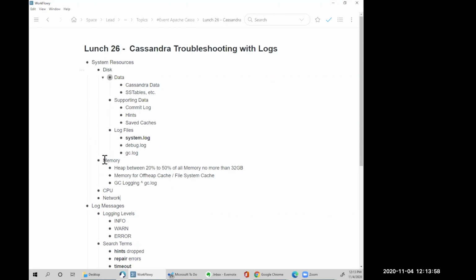How it's handling disk, memory, CPU, and network. Network is rarely ever the issue. Although there are times where, for example, there's a failure, and when a network segment happens, you may have 2 different clusters that are not in sync.